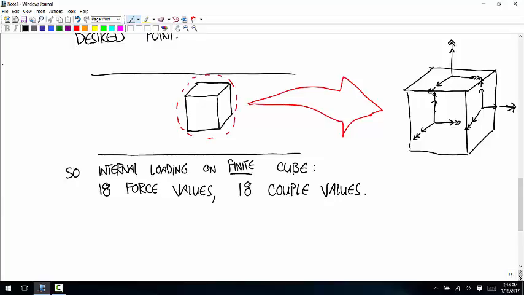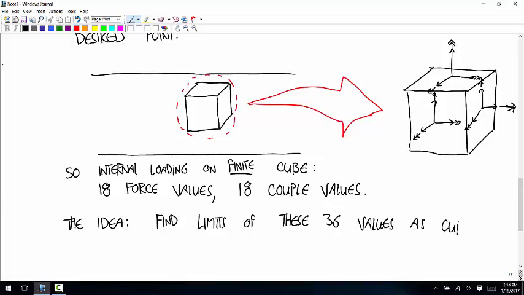But now let me say the idea is to find the limits of these 36 values as the cube size approaches 0.